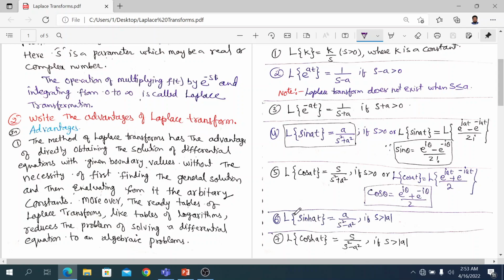Next, Laplace of sin hyperbolic at is equal to a by s square minus a square, provided s is greater than mod a. Next, Laplace of cos hyperbolic at is equal to s by s square minus a square if s is greater than mod a.